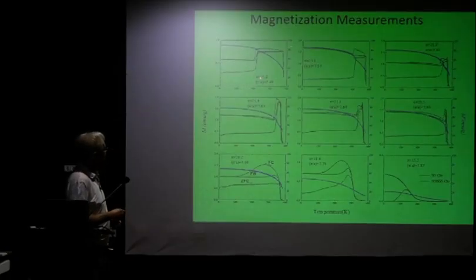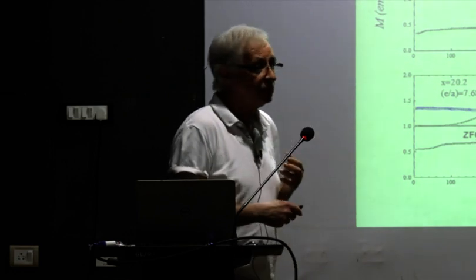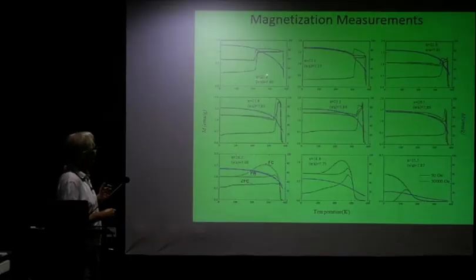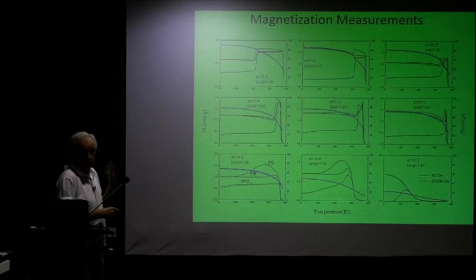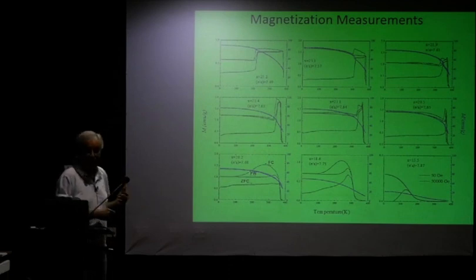Now, look at any one. Let's start here. We have nickel 2, manganese, gallium. That's the stoichiometric one. Nickel 2, manganese, gallium. It's 50, 25, 25, so it's somewhere around there. And we have our Martensitic transition here. We're calling it Martensitic transition because we know it is. Otherwise, from the magnetization data, you wouldn't have known it.